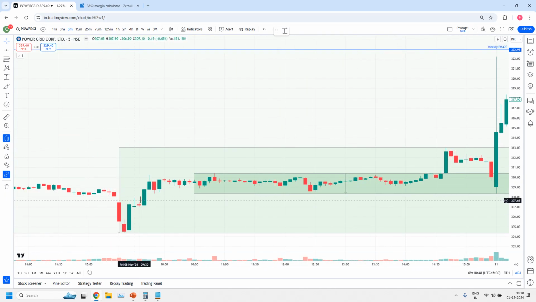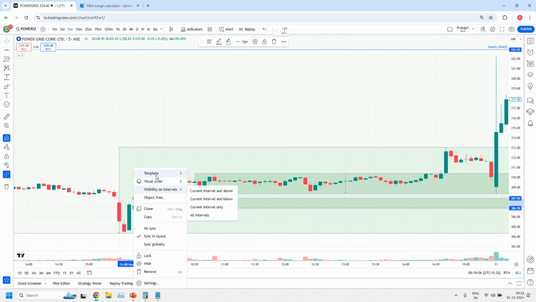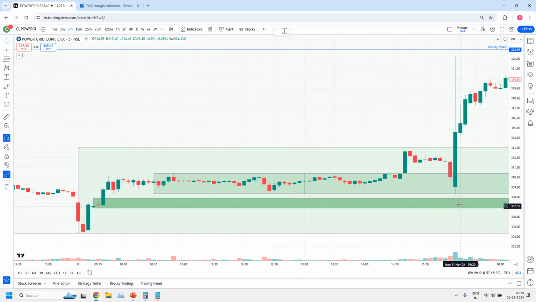We have a rally base, rally, but maybe this could be a trap. Rally base, rally. But here, definitely this zone will be violated maybe. This is not a trap because this is inside the zone. This could be an aggressive trade setup. Why am I saying aggressive trade setup? Price just came near to this zone here, you see, and then gave a very big push.